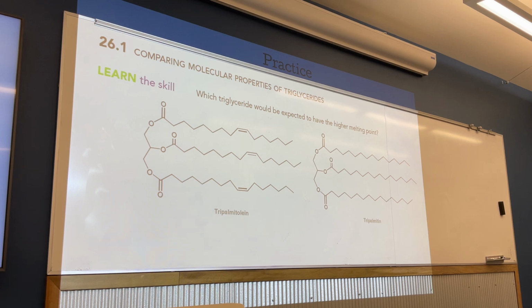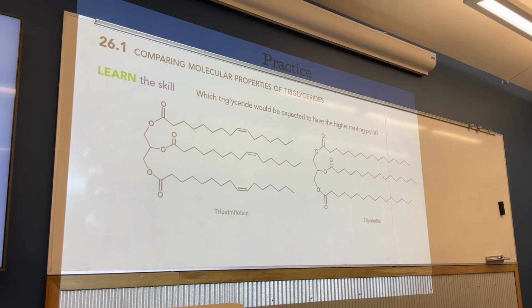Yeah, the saturated one. That's what I meant. A higher melting point means you're going to be a solid at a higher temperature. You're going to be a liquid at a lower temperature.